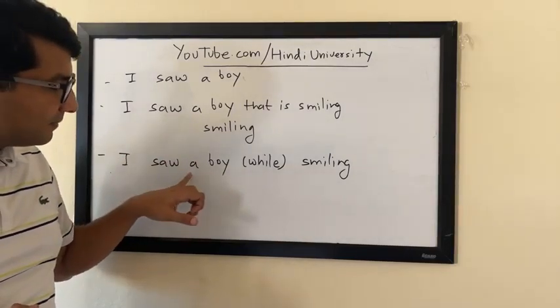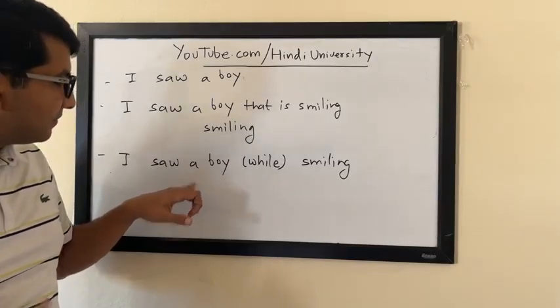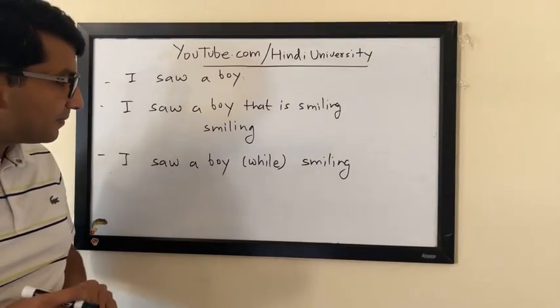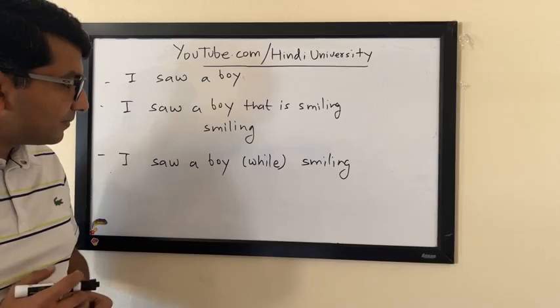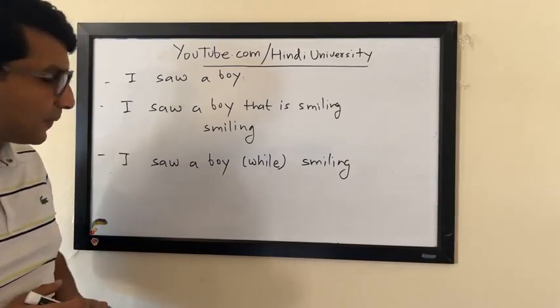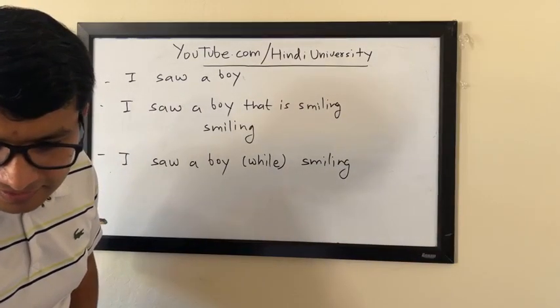But in the third sentence, we're describing the nature of the activity he is doing. How is he doing the activity of the verb? How is he doing the smiling? Smilingly or while smiling? It affects the verb, not the noun.